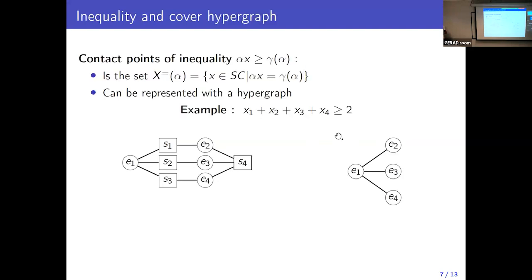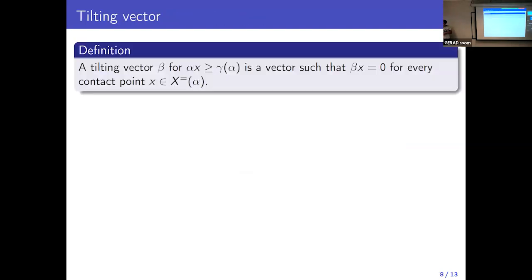All right, so that's finished for the introduction. We are now going to present the main mathematical object that we introduce, the tilting vector. A definition: what is a tilting vector beta for an inequality alpha x greater or equal than gamma alpha?